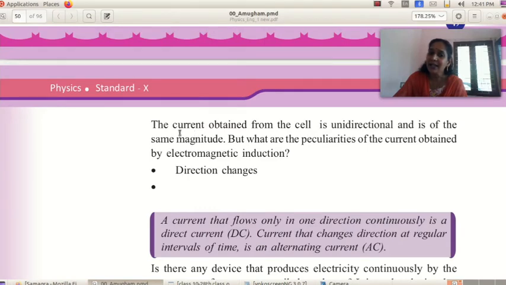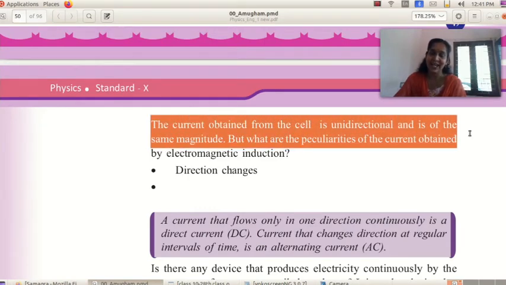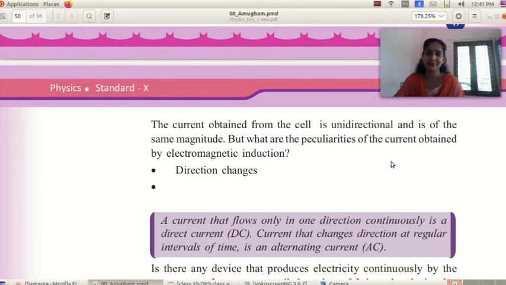So the current obtained from the cell is unidirectional and is of the same magnitude. But what are the peculiarities of the current obtained by electromagnetic induction? Yes, its direction changes. And while increasing the speed of the magnet, the magnitude changes; the current increases.